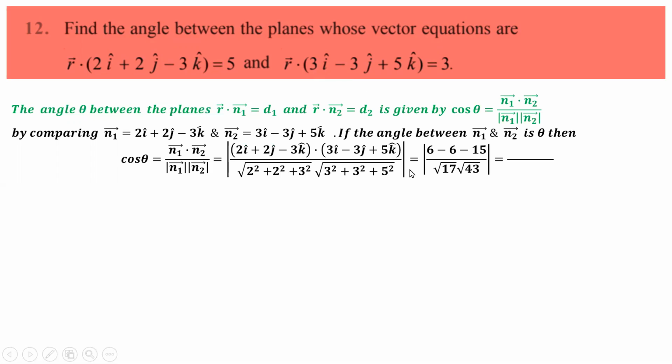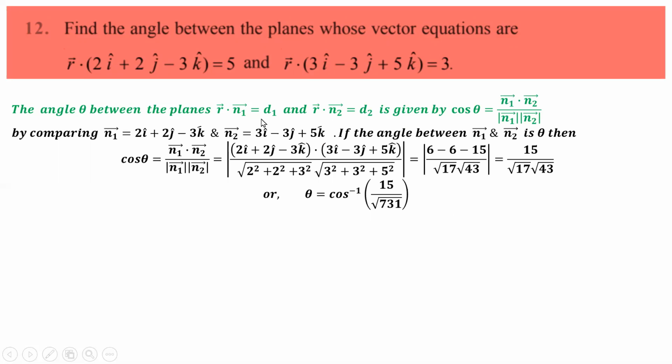That will be minus 15 upon root 17 into root 53. Since we are taking the mod value, we will ignore the negative sign before 15. So theta equals cos inverse 15 upon under root 731. So the angle between the given planes is cos inverse 15 upon root 731.